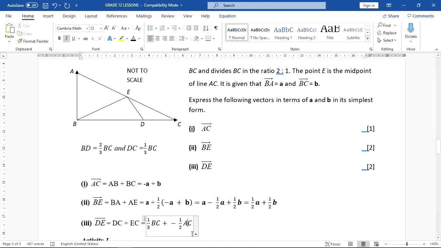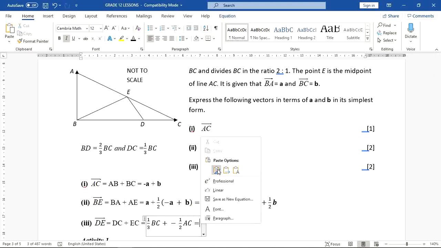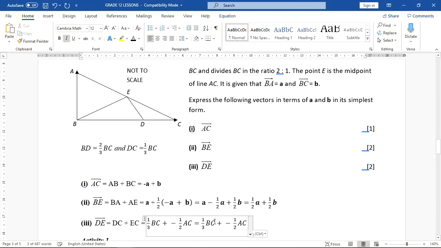Now I can substitute what I have. What is BC? BC is none other than, do I have BC? Yes, BC is just a small b.